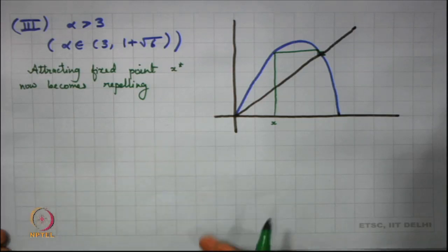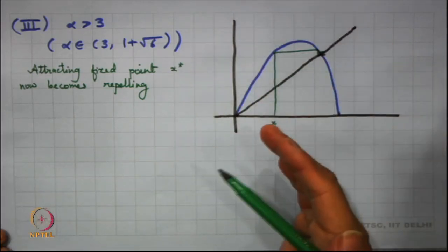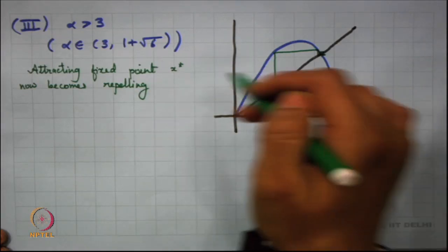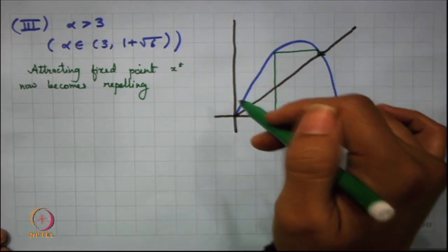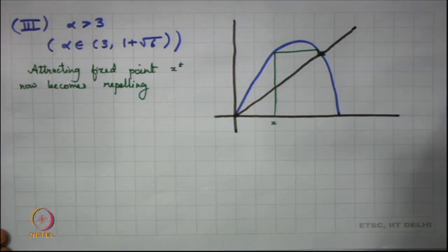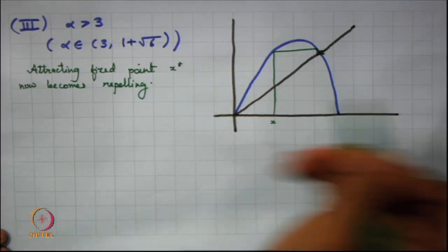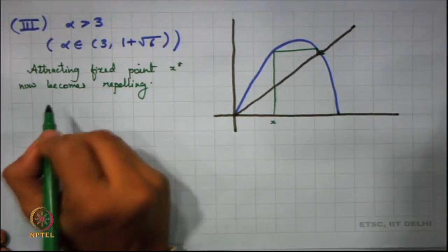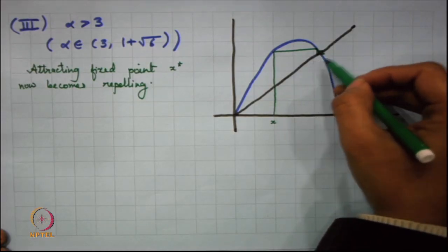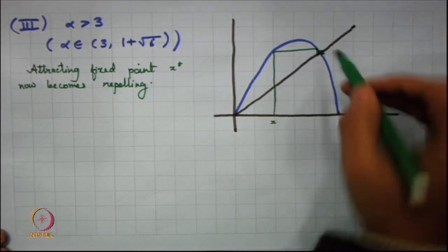What we observe is that if you start with any typical orbit, it starts oscillating around this fixed point x star, giving us a kind of period 2. It settles down between 2 points, oscillating between them.